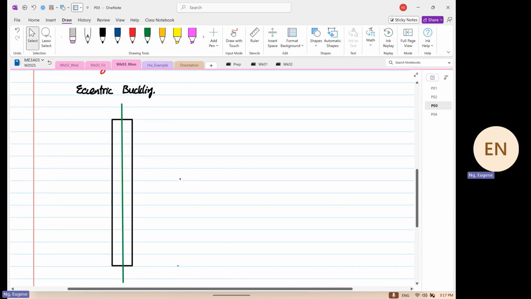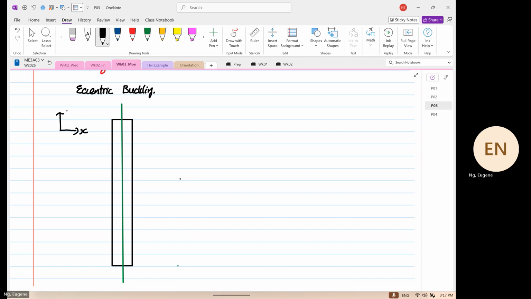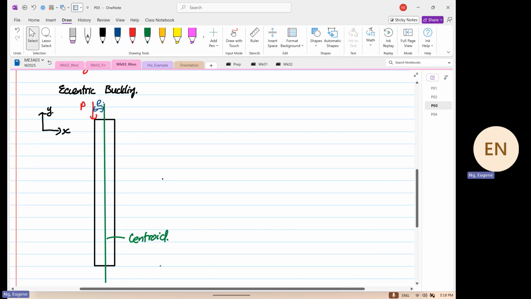For eccentric buckling, if this is our x, and this is our y, in eccentric buckling, the load is not applied on the centroid. And this offset is what we call E. Okay. So now the concern is this, okay?